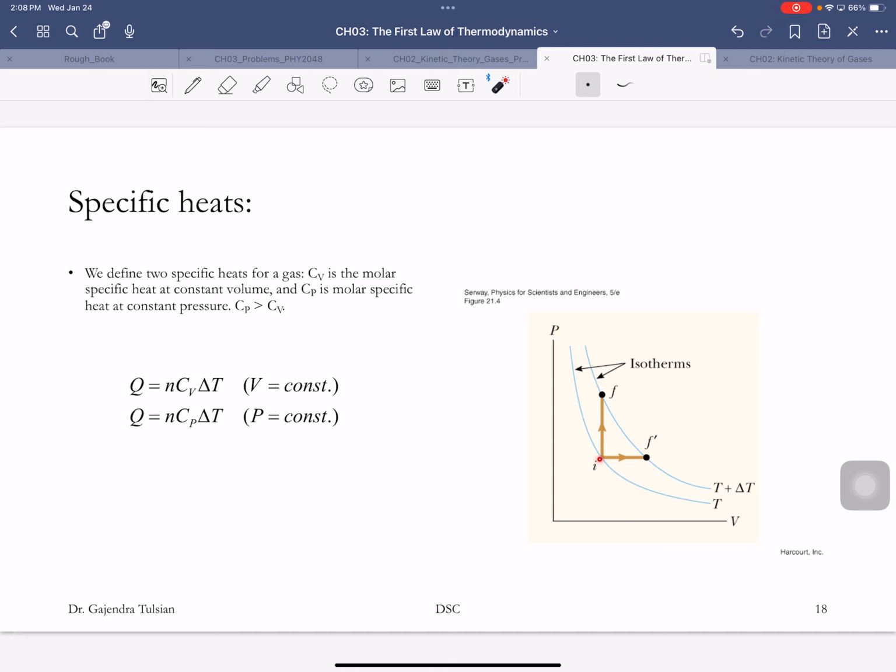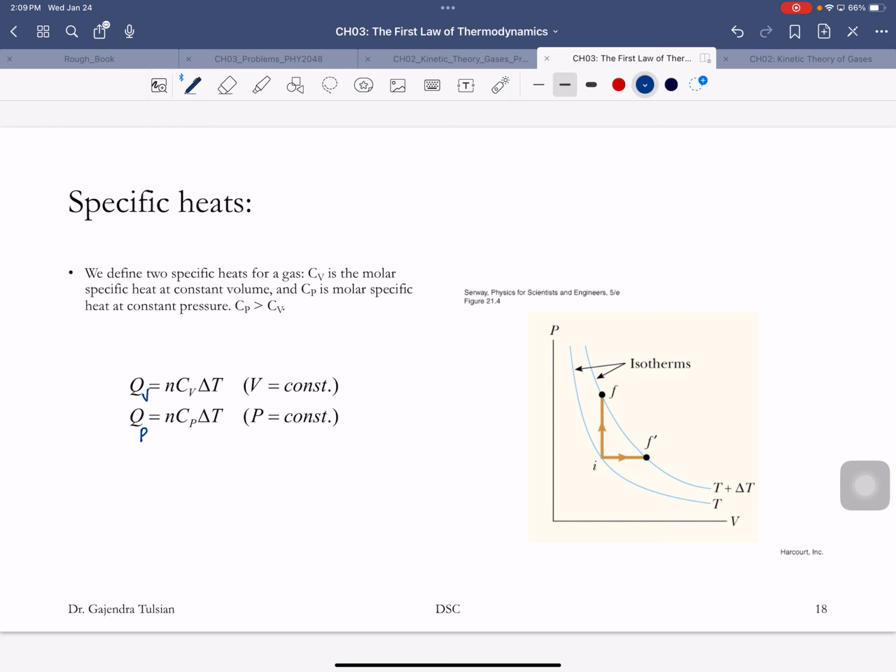Here is the heat added in going from this temperature to that temperature along constant pressure, and the heat added along constant volume. N is the number of moles of gas I have. This is the specific heat at constant volume, and this is the specific heat at constant pressure.